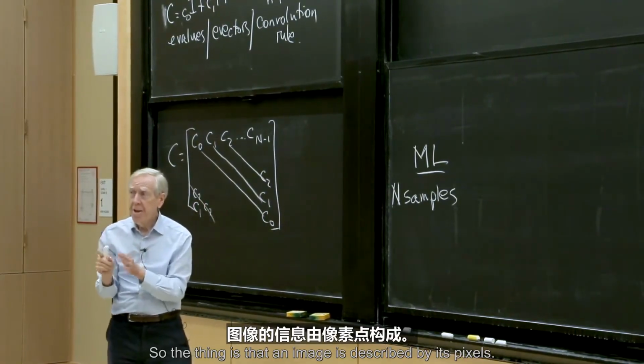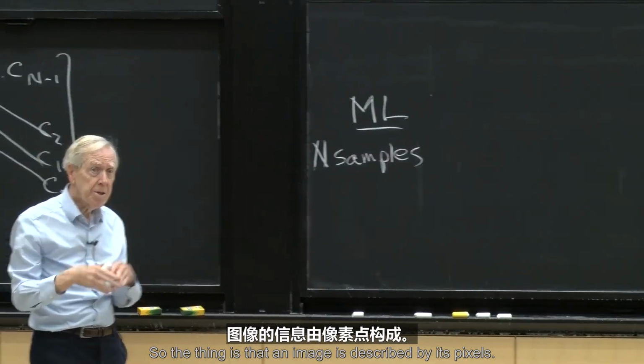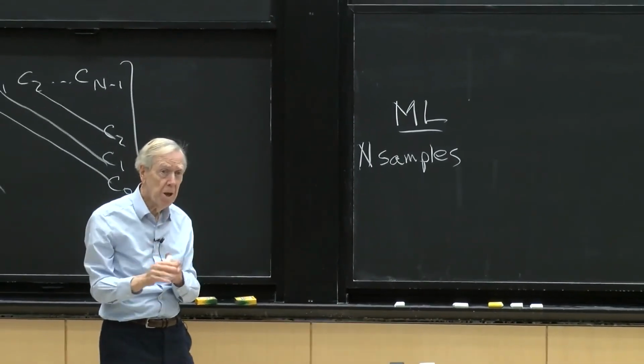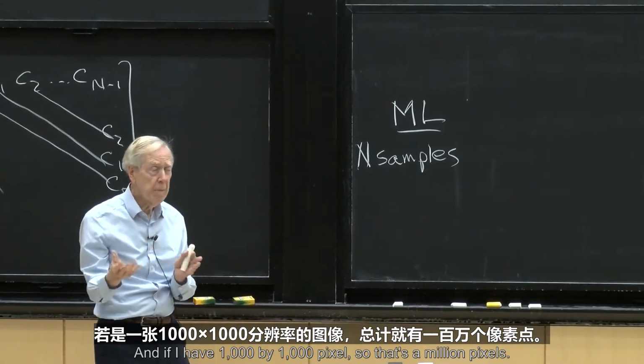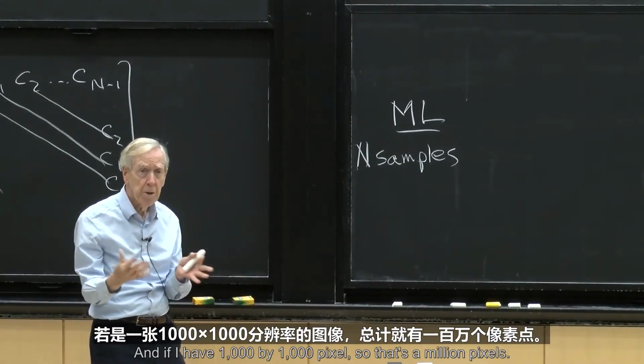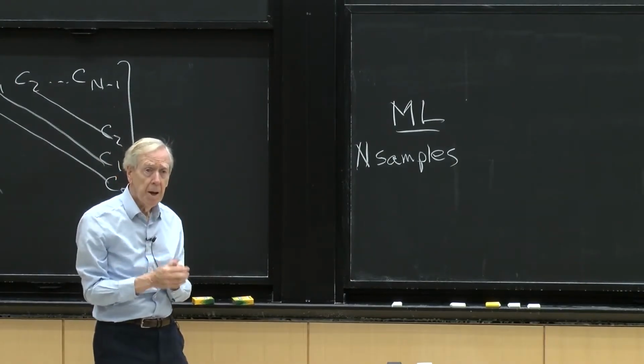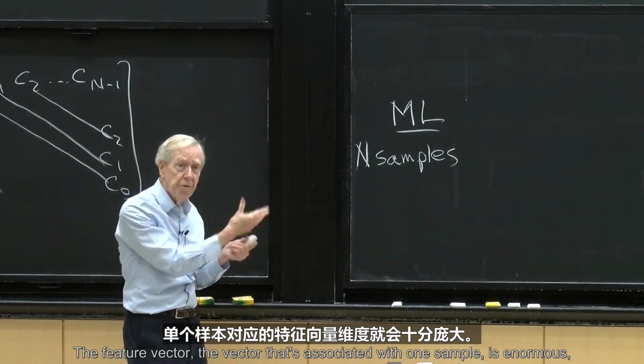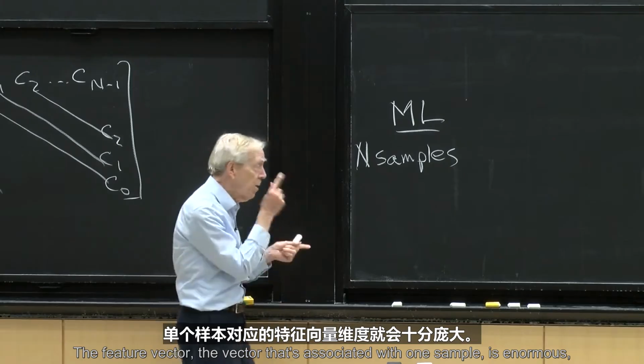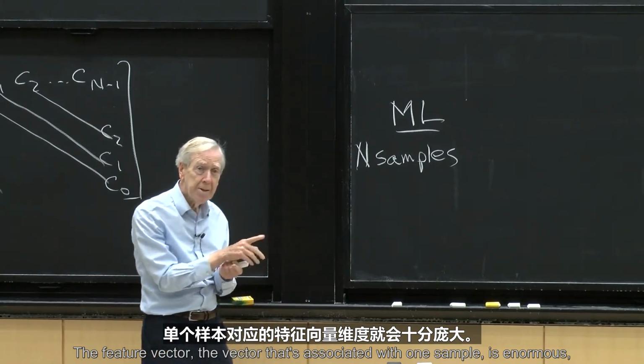So the thing is that an image is described by its pixels, and if I have 1,000 by 1,000 pixel, so that's a million pixels. The feature vector, the vector that's associated with one sample, is enormous.